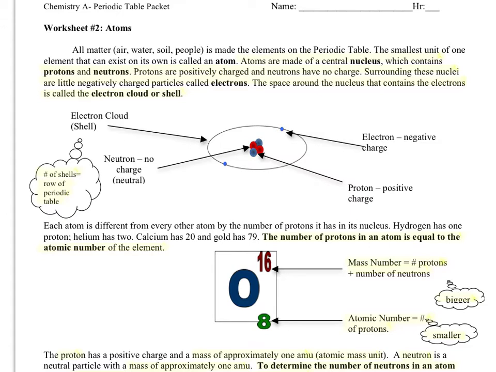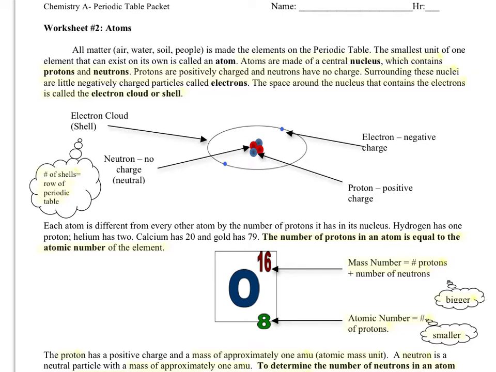If you find that you've stopped paying attention and zoned out, you can rewind and rewatch also. So make sure that you have something to write with, make sure that you have a highlighter, and we will get started. This worksheet is meant to review for you, or in some cases introduce the idea of atoms.